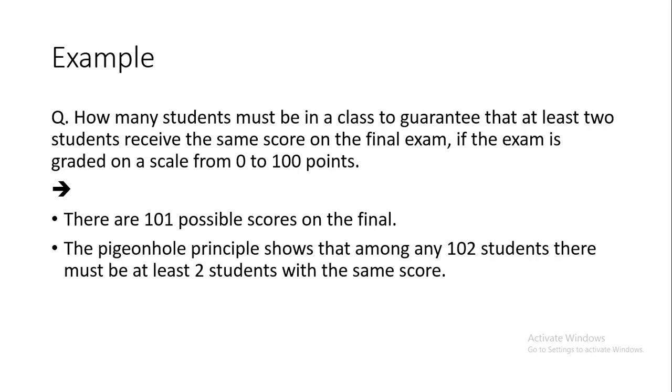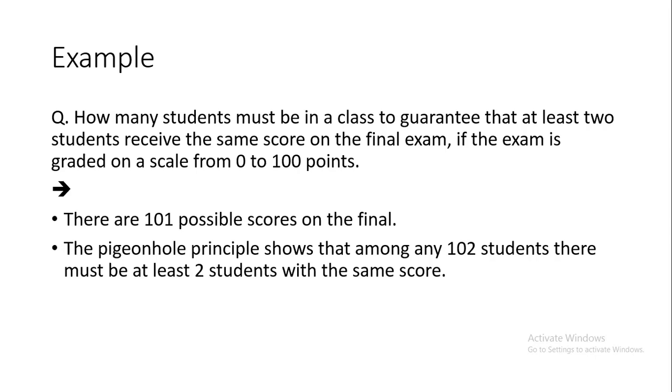In this question we have to find the total number of students such that at least 2 students receive the same score, and the scale is given from 0 to 100. So there are 1 to 100, meaning 100 scores, but one of the students can also get a 0 score, so we have to consider that also. By considering that 0 score, our total is 101 possible scores on the final.